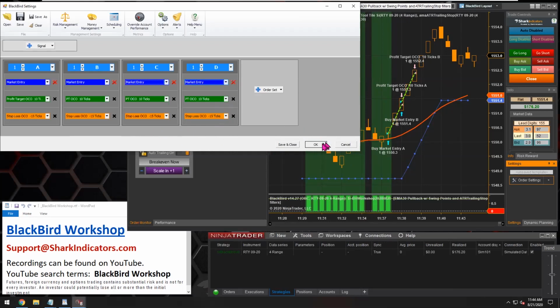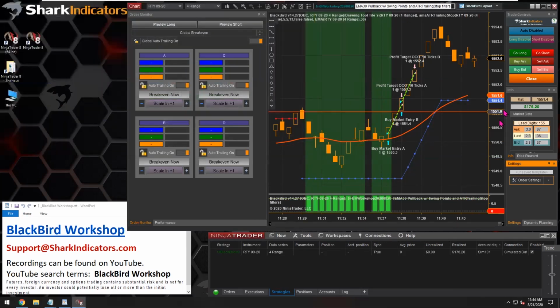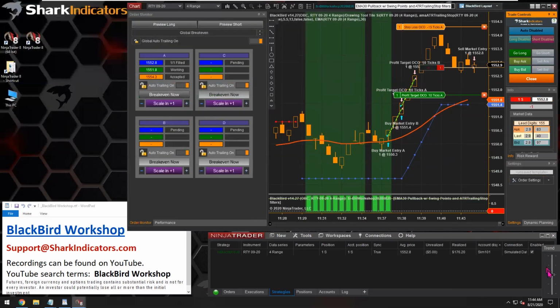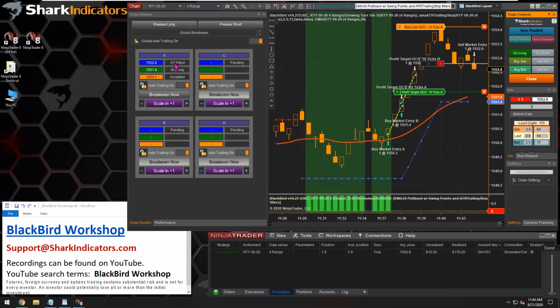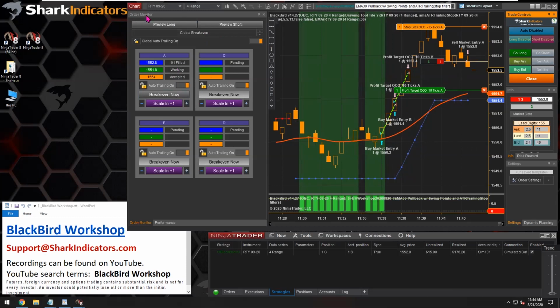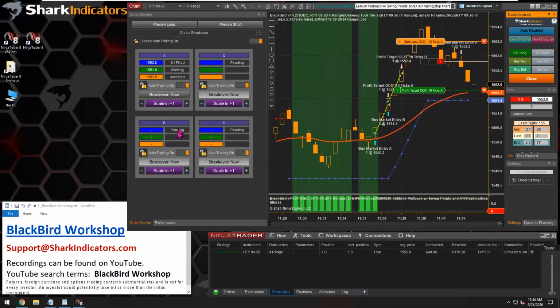All right. Okay, so with that, let's go short this time, and we'll just move the market down. Let me just point out again here that with the order monitor panel, we can see that order B is in a pending state, right? It's pending because it's waiting for the profit target of A to get filled.